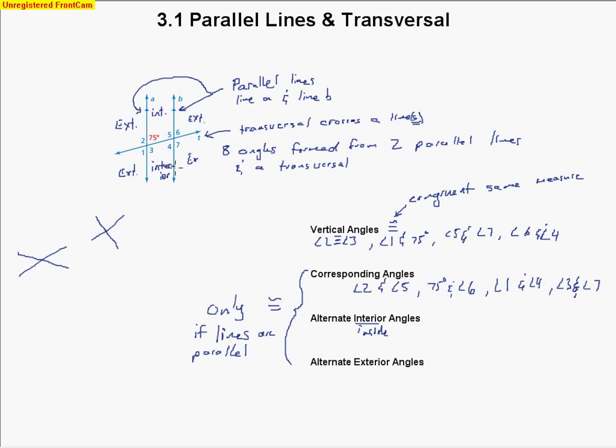So for instance, angle 4 and that 75-degree angle, those are alternate interior angles, where 3 and 5 are also alternate interior angles, angle 3 and angle 5. Exterior means outside again, and so those are outside the parallel lines, and they're on alternate sides of the transversal, so like 2 and 7.